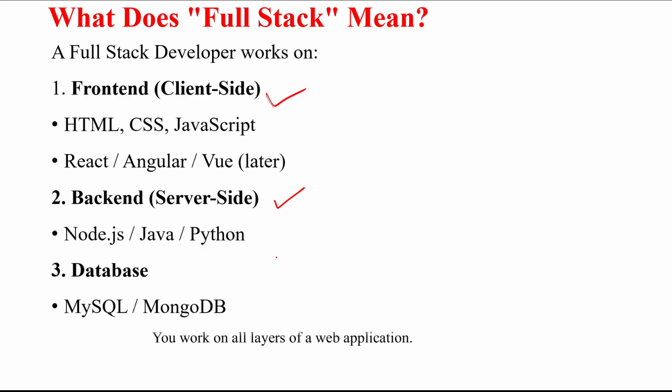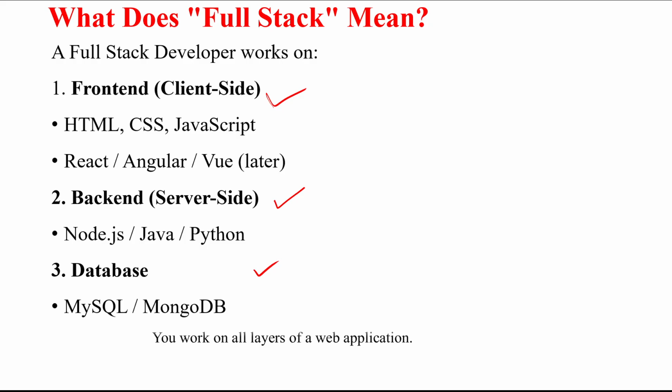And the third layer is the database. Databases store application data such as user information, products, messages, and transactions. Examples include MySQL and MongoDB. So overall, a full stack developer works on front end, back end, and database technologies together.